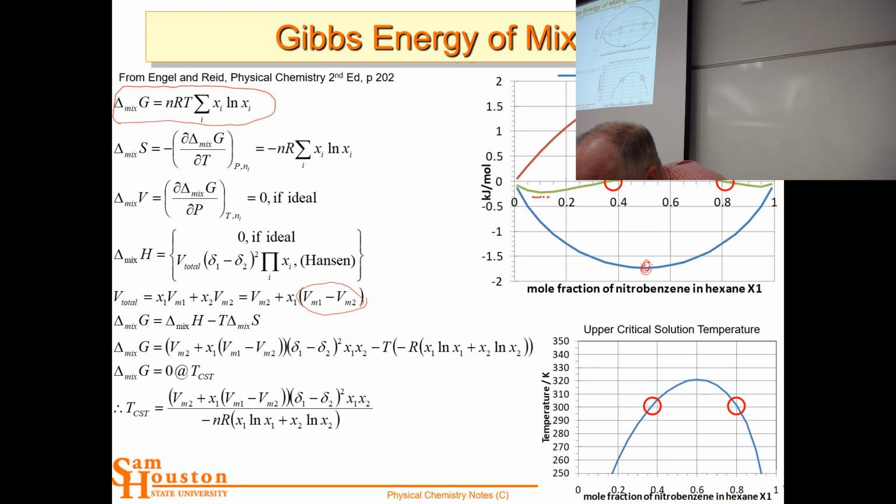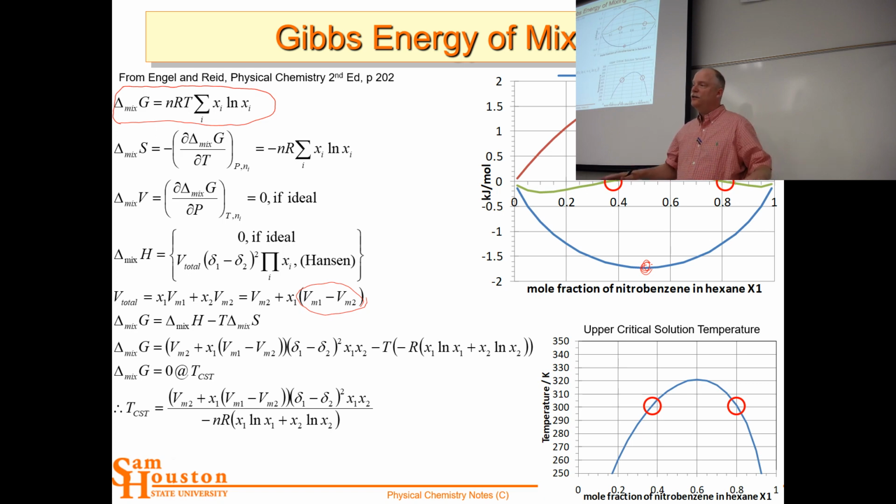So there's places where delta G is negative, and so that would be a homogeneous mixture in this region. There's places where delta G is negative over here, but in this middle part, delta G is positive. So when you have delta G positive of mixing, you don't have mixing. But this is the delta G of mixing. So if delta G of mixing is positive, they separate.